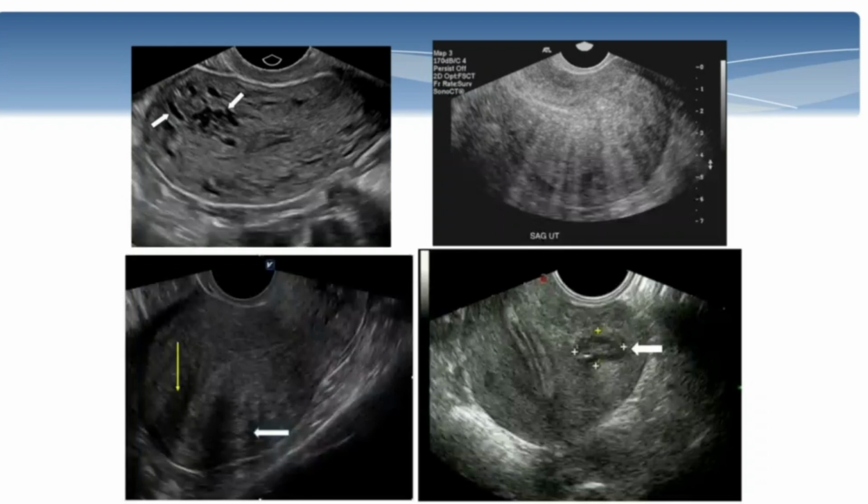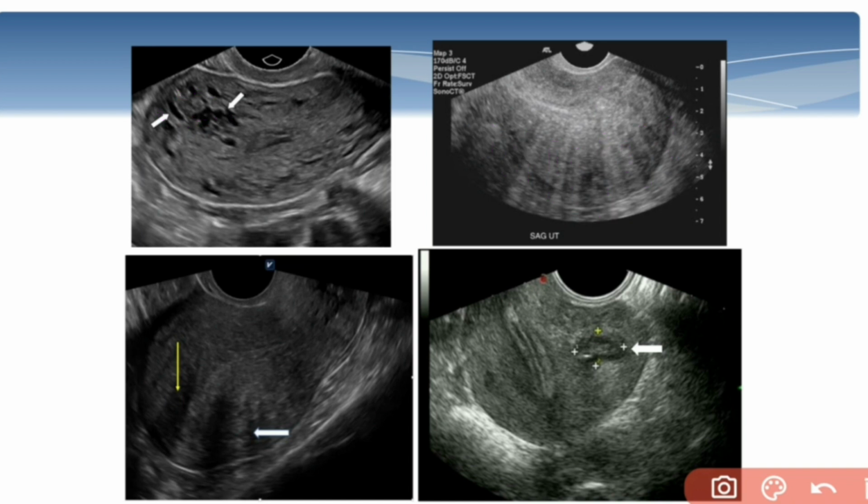Okay, these are some figures showing the transvaginal sonographic findings of adenomyosis. In the first figure, we are seeing a collection of fluid in the myometrium. These are the myometrial cysts. In the second figure, there is a sun ray appearance, a feature of adenomyosis.